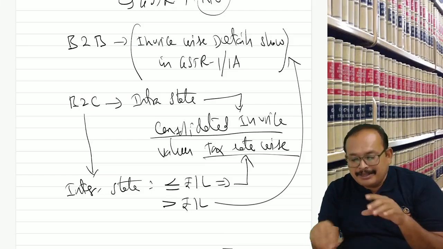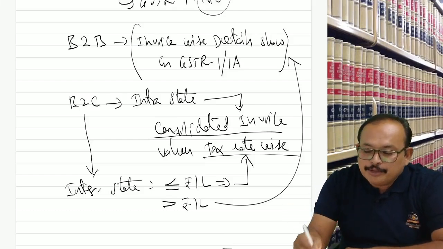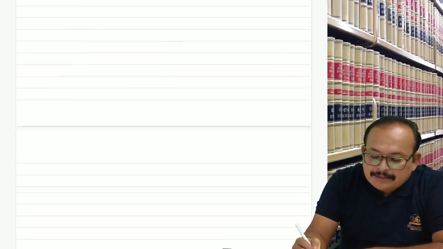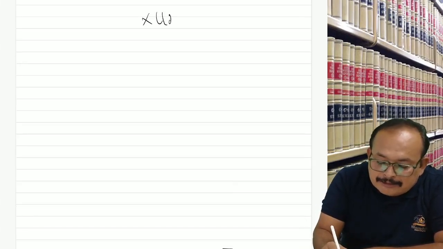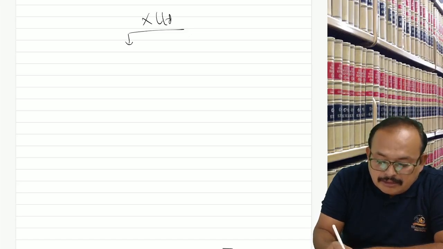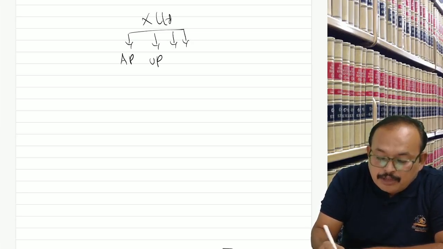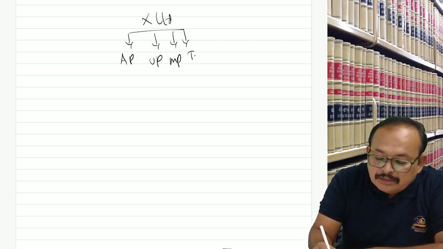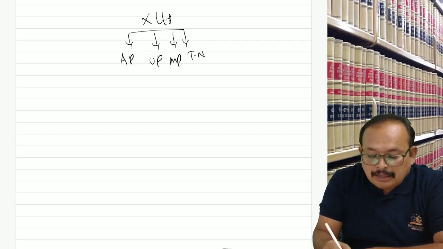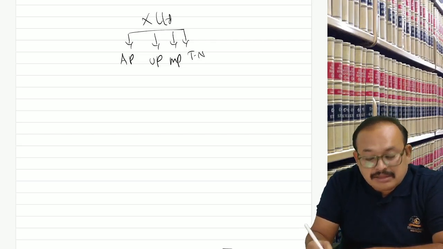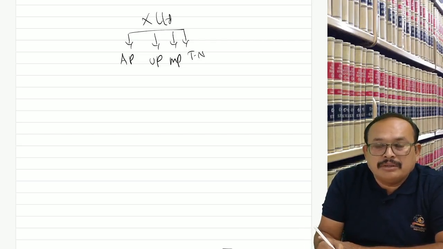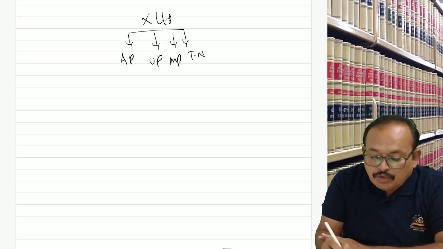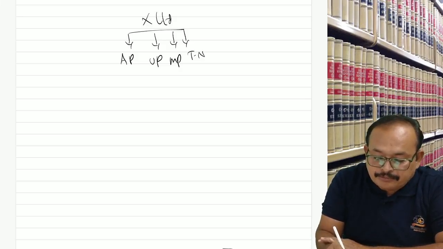Very good question you asked, Raja. Listen here. If X Limited has 4 states, AP, UP, MP, TN: Andhra Pradesh, Uttar Pradesh, Madhya Pradesh, Tamil Nadu, 4 units, 4 registrations here.